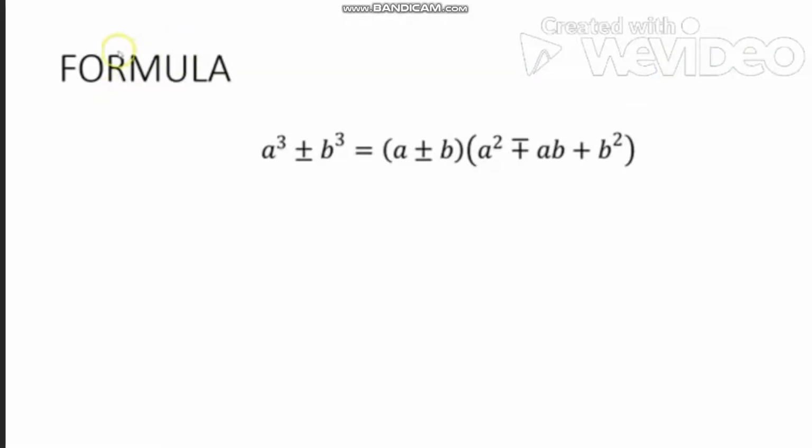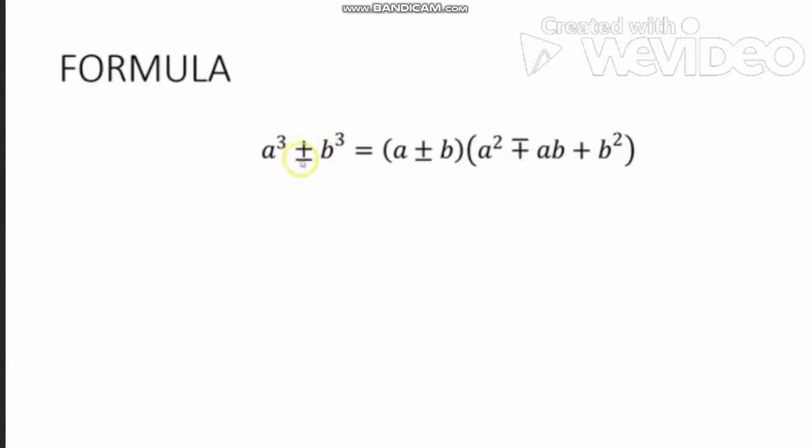Okay, so when we factor the sum or difference of perfect cubes, this is the formula we're going to use. We have some quantity to the third power plus or minus some quantity to the third power, and it's always going to equal a plus or minus b times a squared minus or plus ab plus b squared.